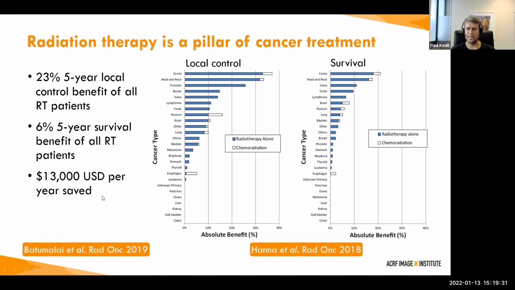And it's very cost effective as well, at $13,000 per year saved. To put that in context, normally it's around $50,000 to $100,000, which is what health economists use as a point of whether something is beneficial or not.